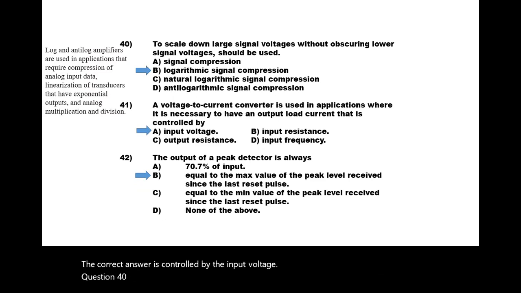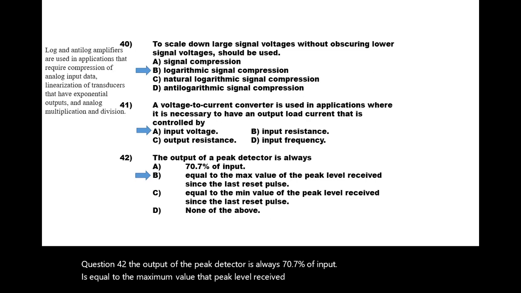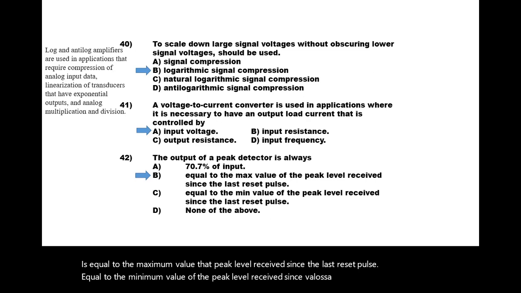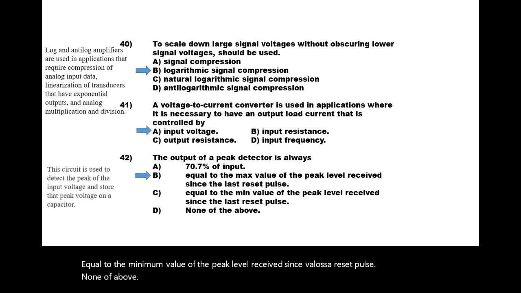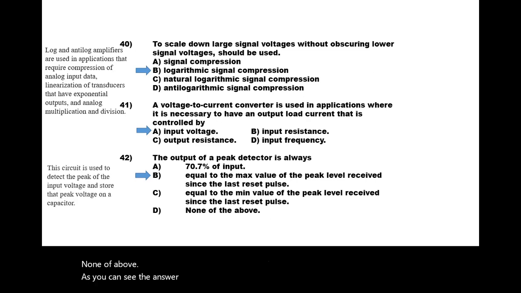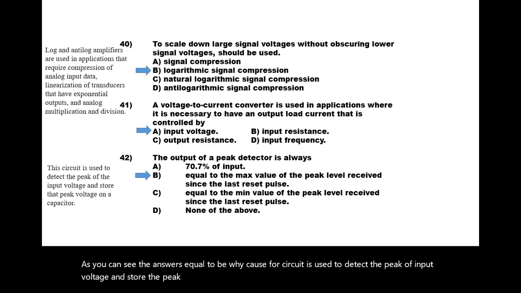The output of a peak detector is always 70.7% of the input, is equal to the maximum value of a peak level received since the last reset pulse, is equal to the minimum value of a peak level received since the last reset pulse, or none of the above. As you can see, the answer is B. Why? Because the circuit is used to detect the peak of the input voltage and store the peak voltage on a capacitor.